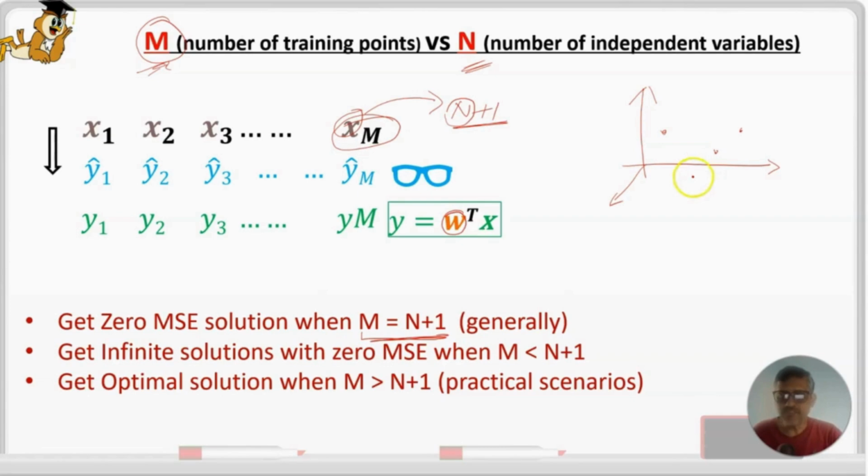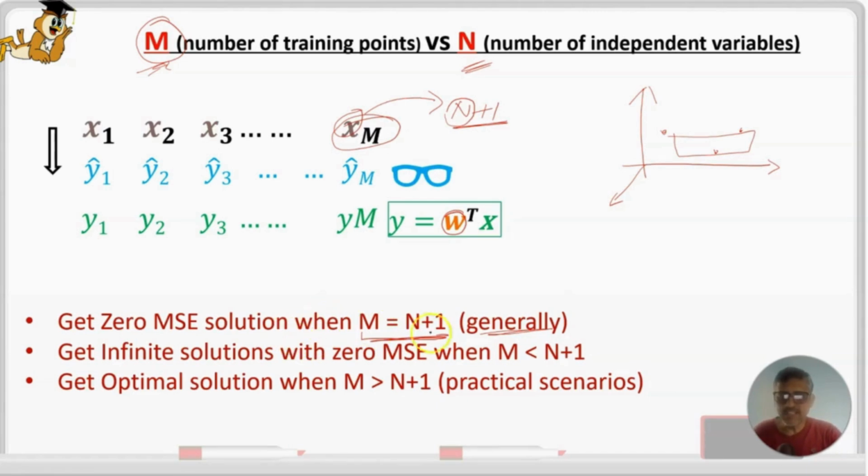So if I can find a hyperplane in 3 dimensions which passes through all of these points, I essentially get a model that gives me zero mean square error on my training data, because there were only 3 points in this case, right? The reason I say generally is because we assume that the points don't fall on top of each other, right? In which case we get an infinite number of solutions with zero MSE.